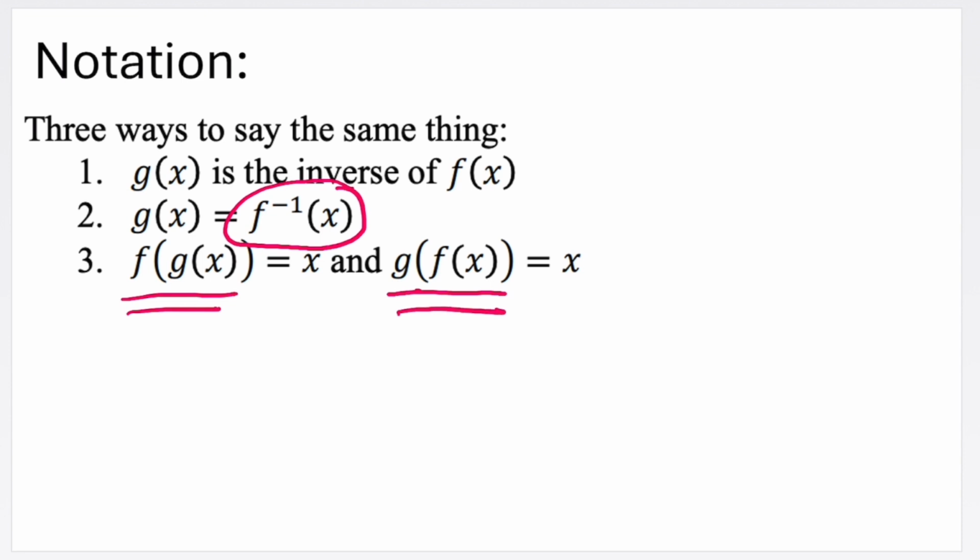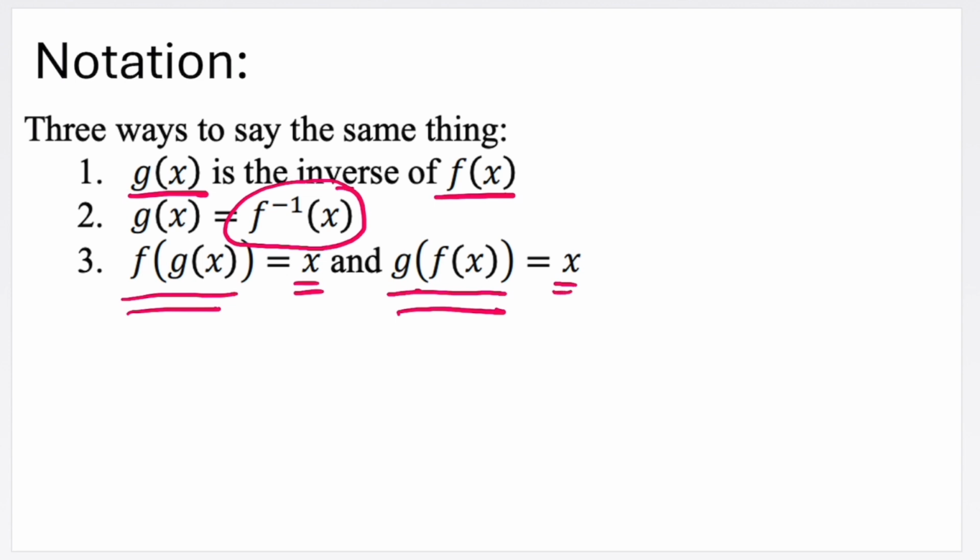If you make a composition of a function and its inverse, so if g of x is an inverse of f of x, and you put g of x into f of x, it would simplify down to x, and vice versa. If you put f of x into g of x, it would simplify down to x as well.